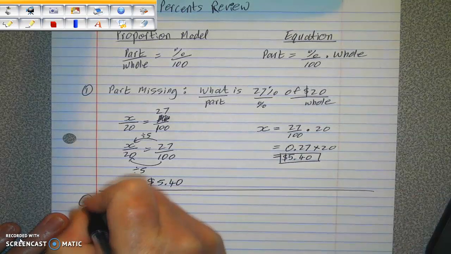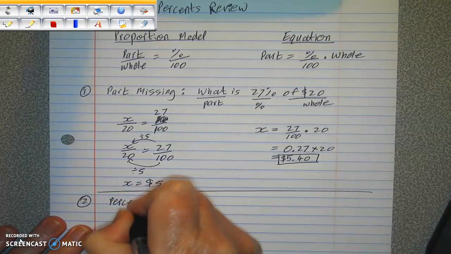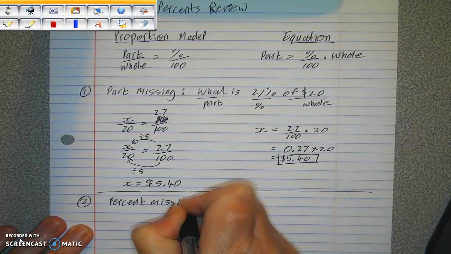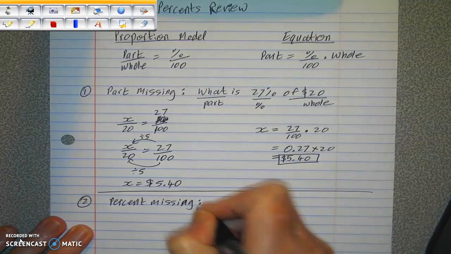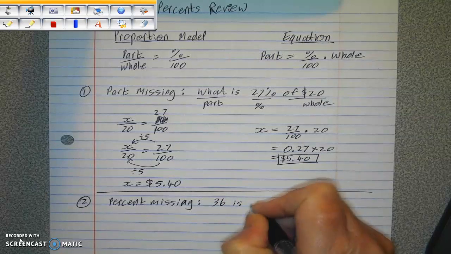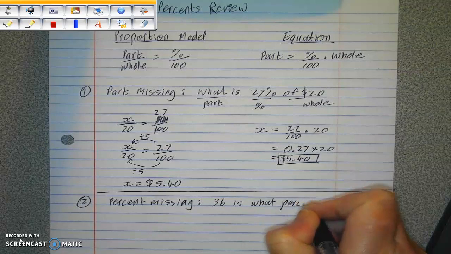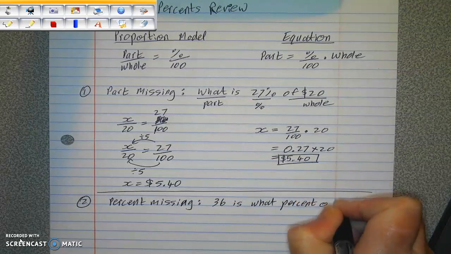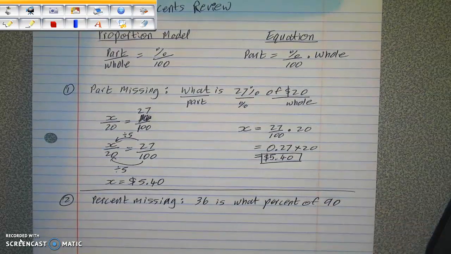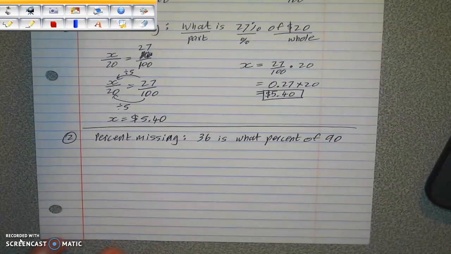Problem number 2, we're going to have the percent missing. 36 is what percent of, let's say, 90. So let's set it up the two ways and see which way we want to work with.